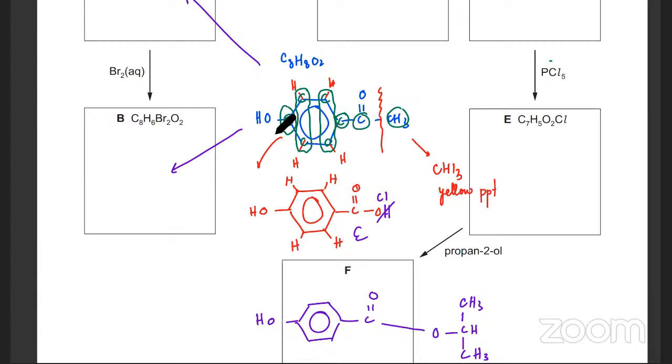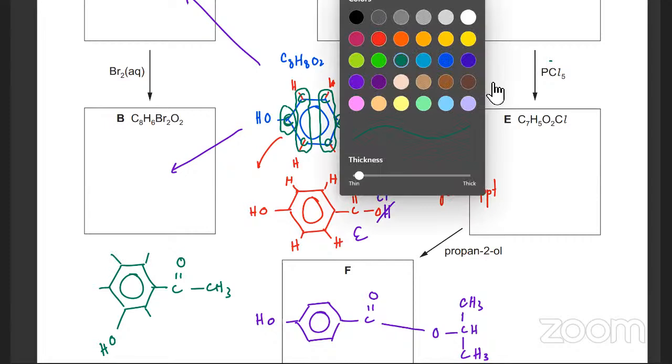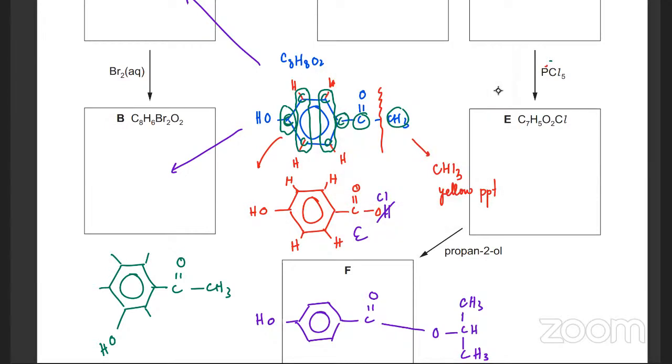If the OH was at any other position, you'd get more environments. If I draw the same molecule, except that the OH is at a different position, like this one, and these are all hydrogen atoms, you're going to get a different number of chemical environments for carbon.